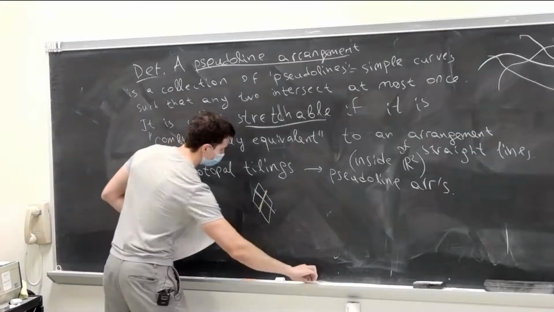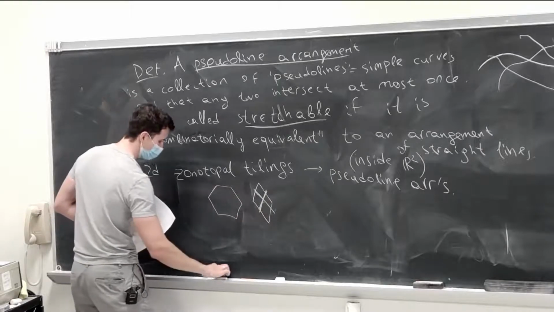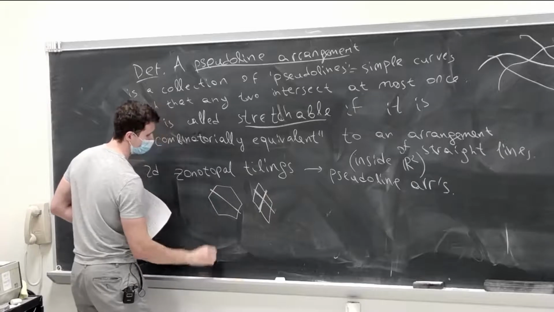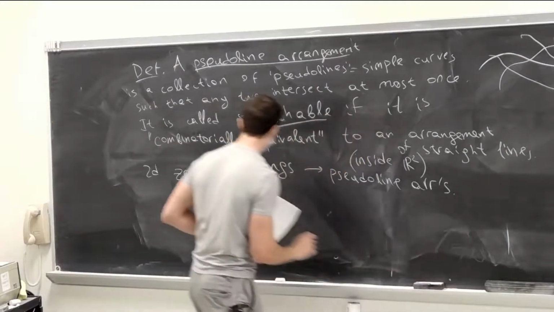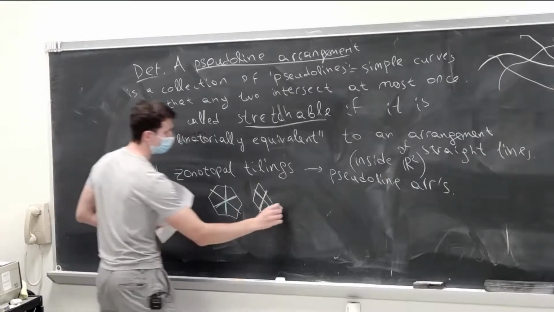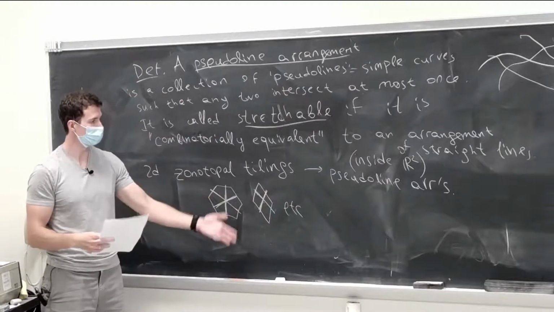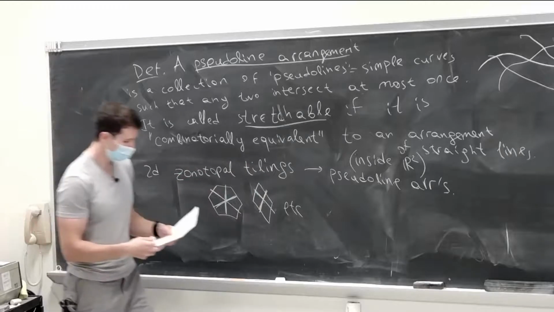And if you see a hexagon, then there are going to be 3 pieces of different pseudolines, which look like this, and so on. So you just take a zonotopal tiling, and then you draw these pieces of pseudolines, and you get a pseudoline arrangement.